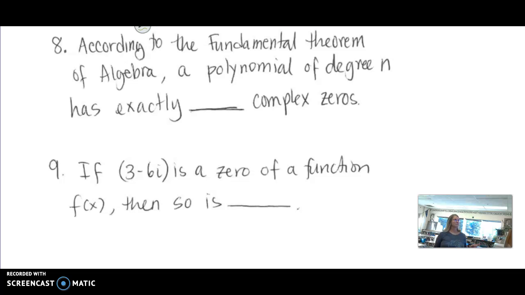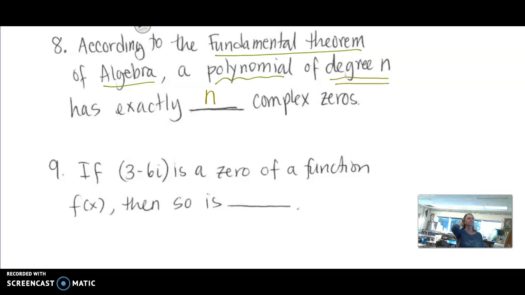So the fundamental theorem of algebra has a lot of meaning, but it's really quite simple. According to the fundamental theorem of algebra, a polynomial of degree n, so if its degree is n, it has exactly n complex zeros.